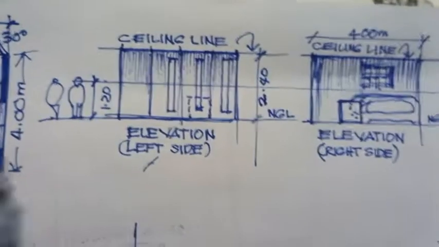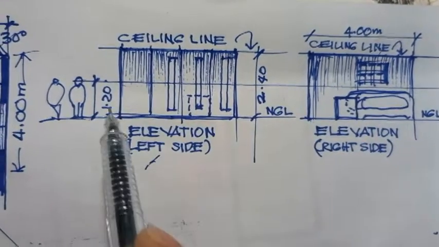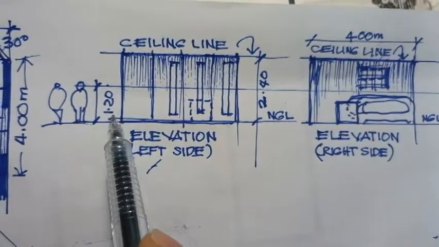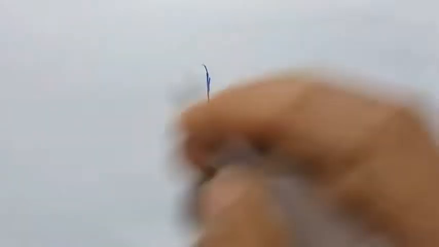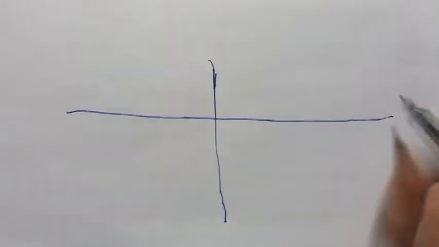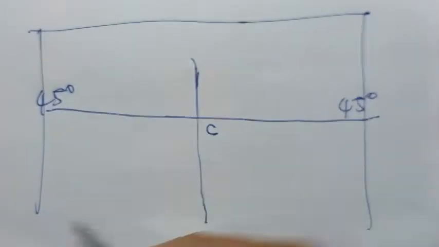Next, relate the viewer's eye level with the elevation. So what is the given height of the viewer? 1.20 meters. Okay, then next, draw the vertical center line. Then establish the 45 degrees vanishing point beyond the frame edge to eliminate excessive distortion and decide upon the scale.